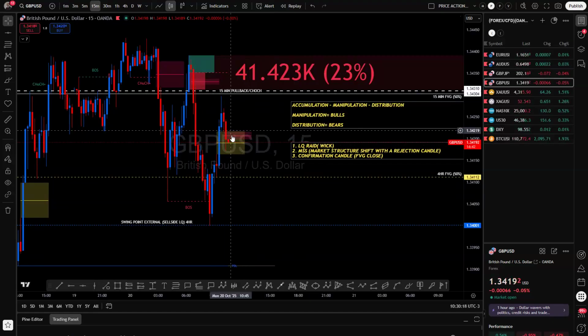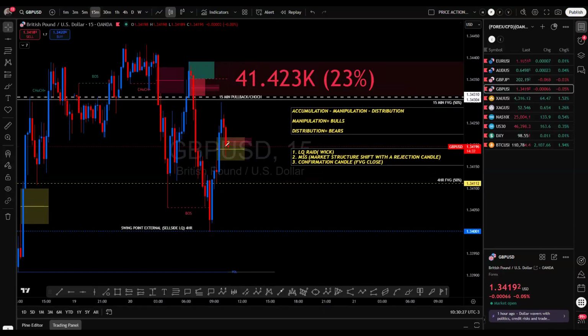But what I would like to see, if price is ready to do the displacement of the bears, is this fair value gap getting validated first. That's what I would like to see. So I'm still going to wait until 10:15. I'll go ahead and pause this recording. I'll be right back.